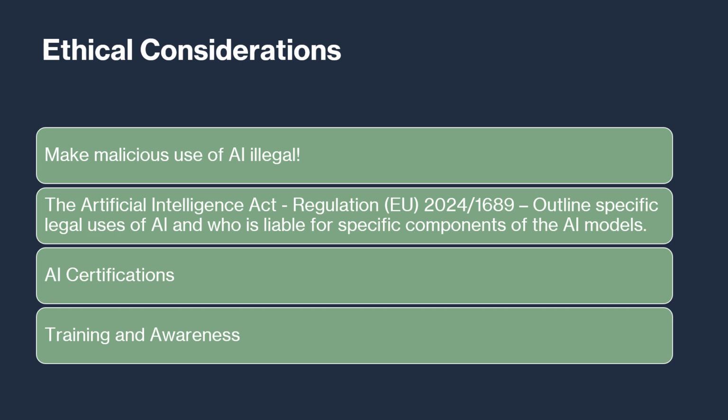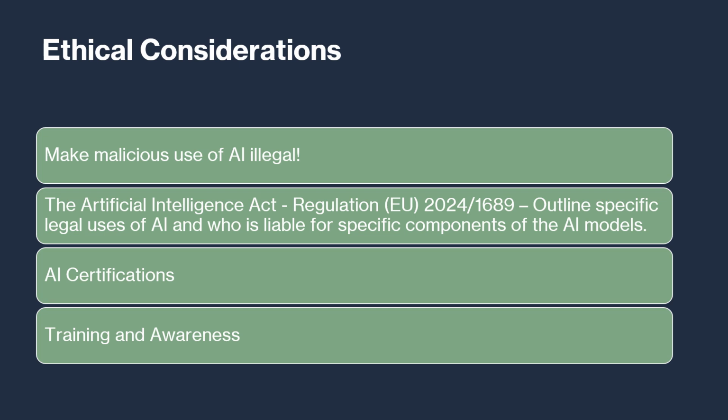Now we're going to talk about the ethical considerations, because there's so much great about AI that we would thrive if we can responsibly and ethically deploy this in almost anything that we do. One of those things that we could do is globally make malicious use of AI illegal.